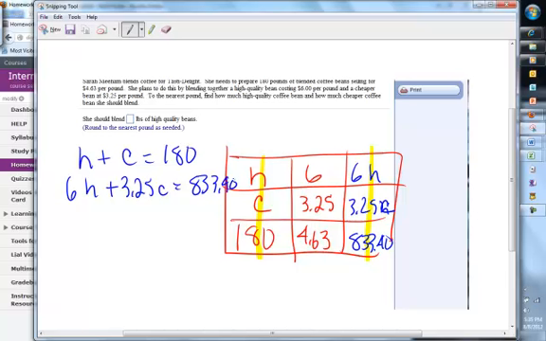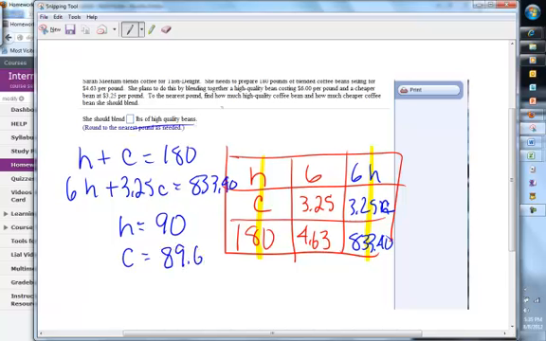Mode 5-1, and it'll be 1 equals 1 equals 180, and 6 equals 3.25 equals 833.40, and we get X is 90 pounds, and C, or H is 90 pounds, and C, the cheap ones, is 89.6.